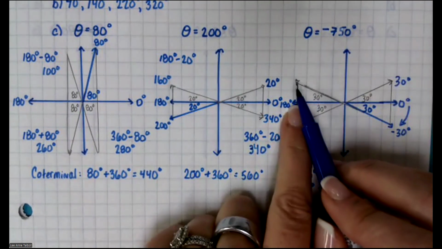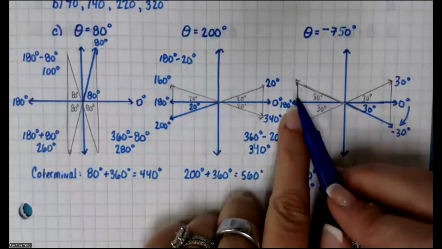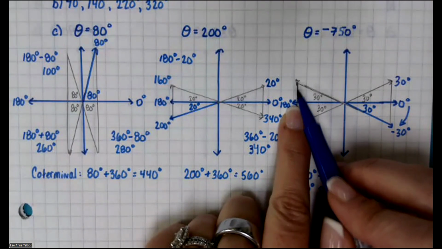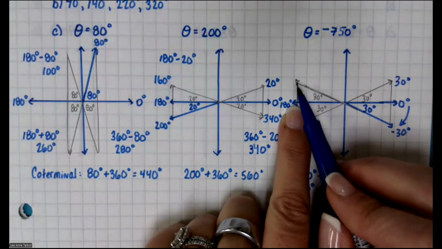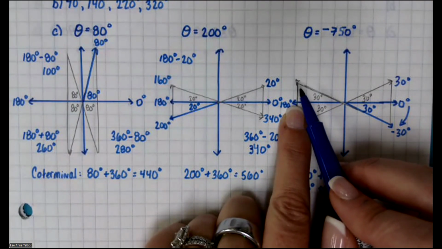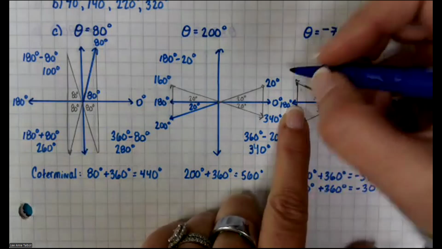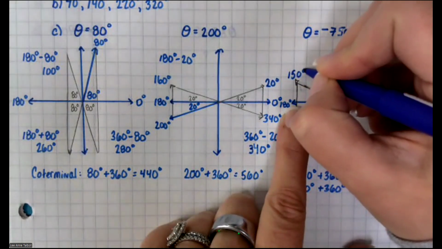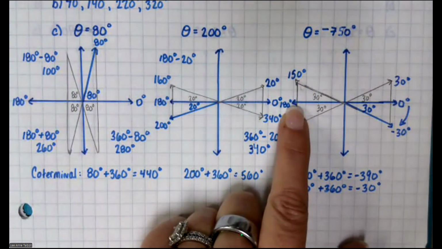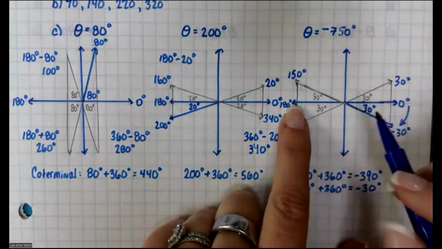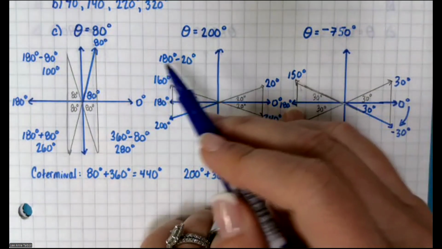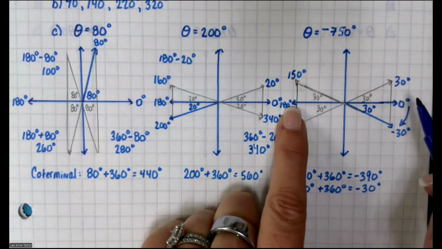What are the degrees of this one right here? 150. We good on the 150? Okay, so second quadrant, you go 180 minus the reference angle.